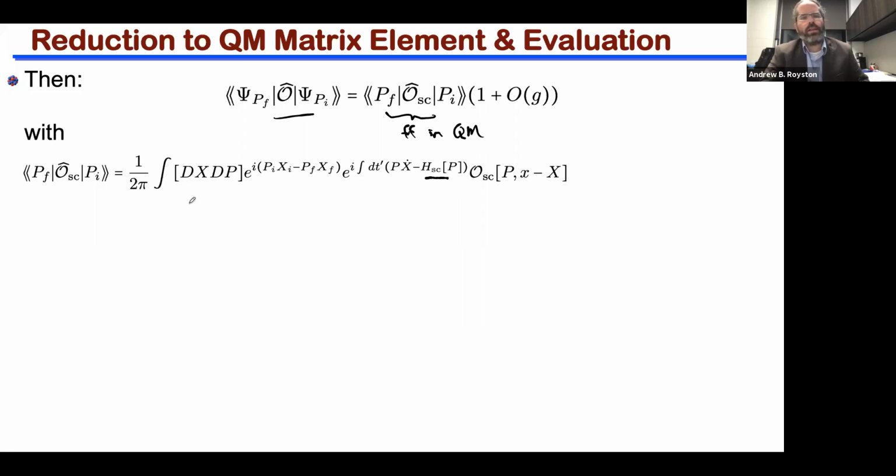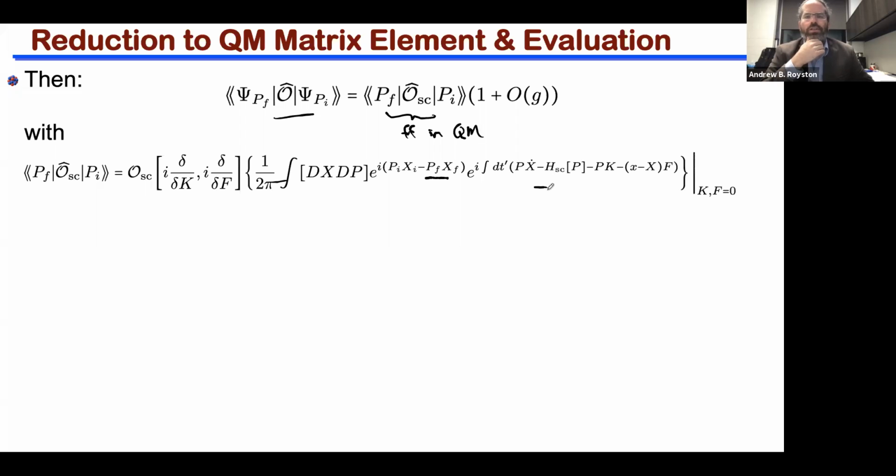We have a quantum mechanics path integral. These are our initial and final conditions from the soliton state, and then we've got our semiclassical insertion. Imagine this is some function of p and x over here. So instead of studying this, it makes sense to study a generating function.